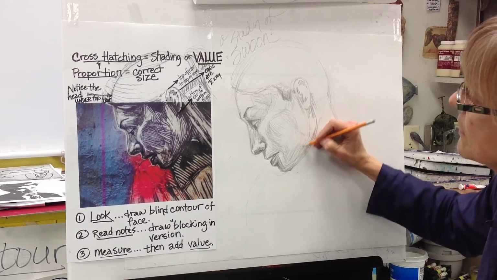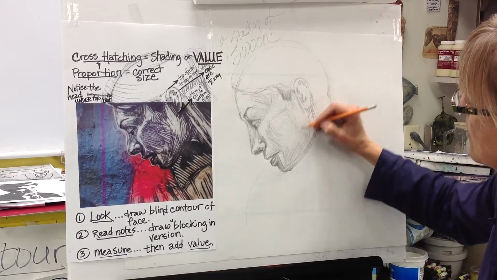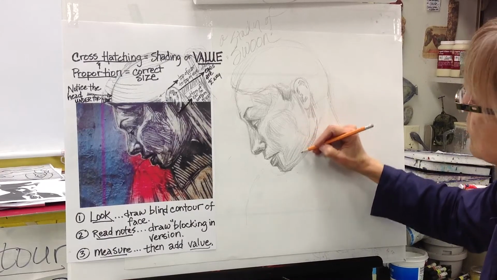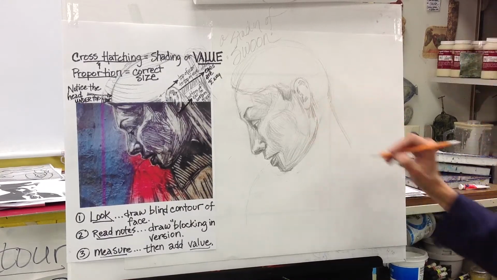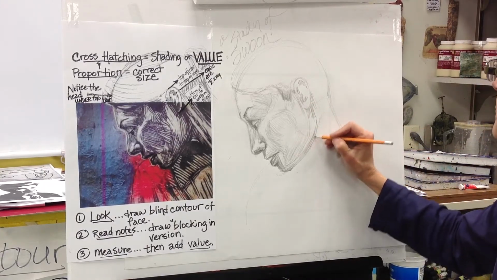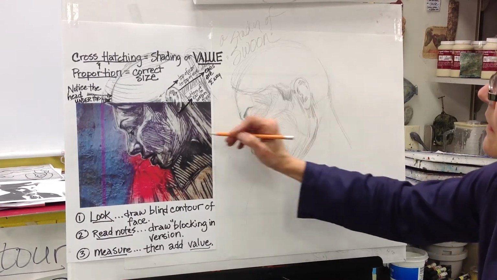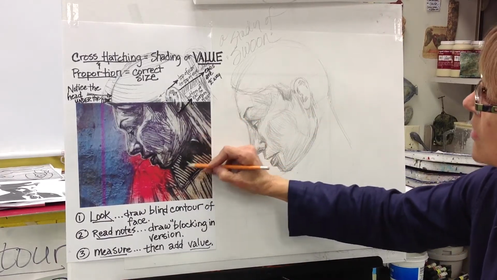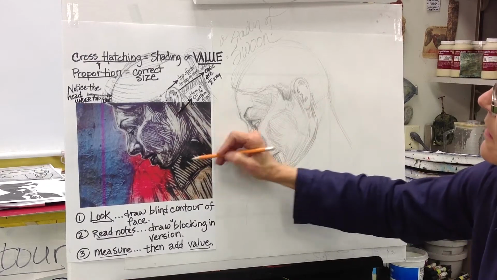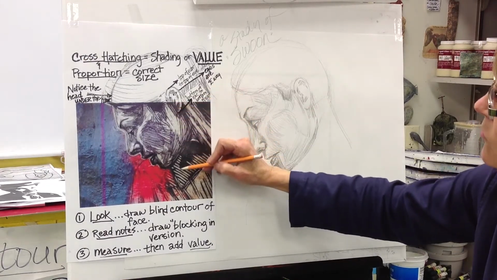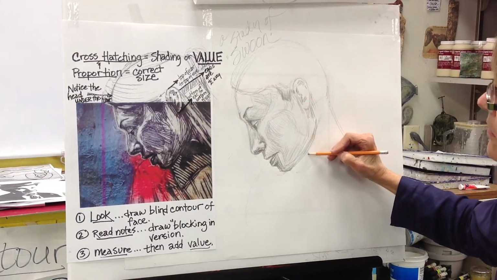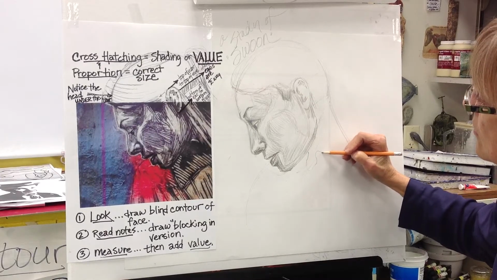And this is a really large area. I want to use very fine lines so that I don't make it look too rough. And then I want to notice right under here this shadow shape. And what does it line up with? I could go straight down from the ear, and that would help me with this shadow shape.